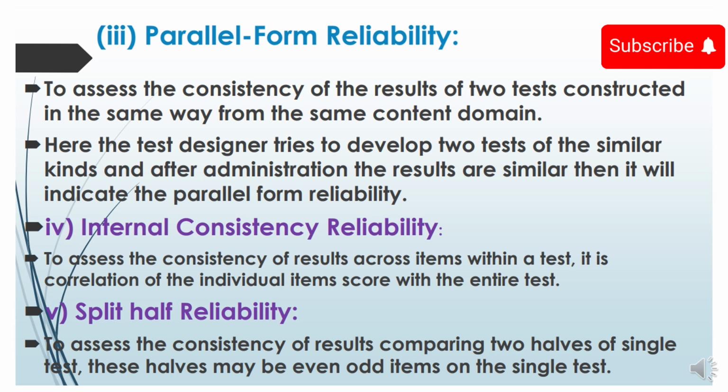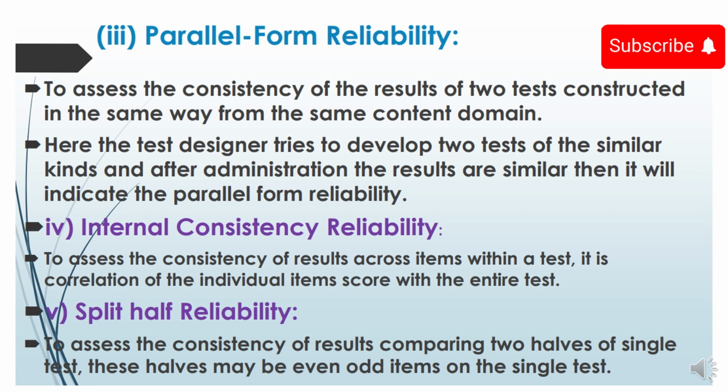The fourth is internal consistency reliability. It assesses the consistency of the results across items within a test, and is the correlation of the individual item score with the entire test. The fifth is split-half reliability. It assesses the consistency of the results by comparing two halves of a single test.